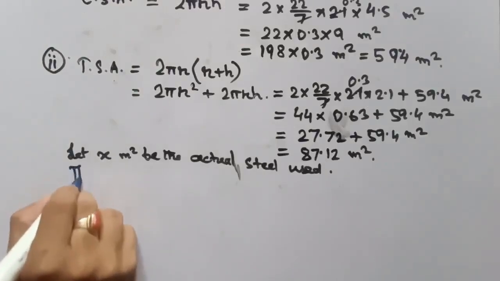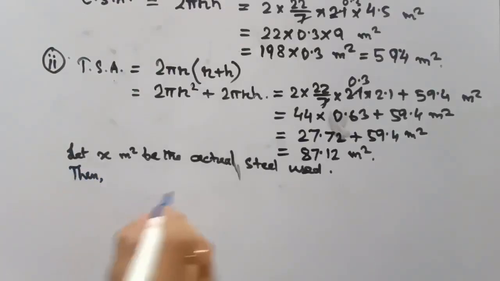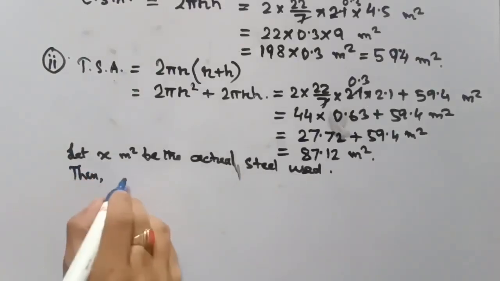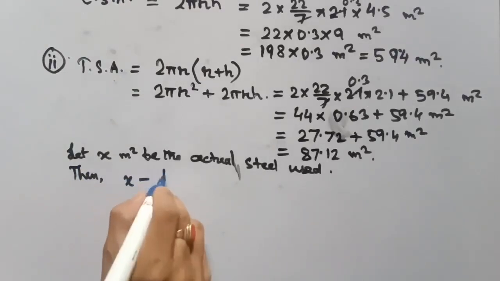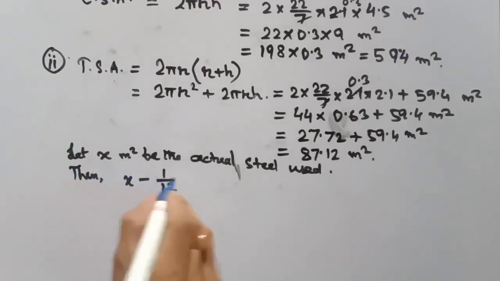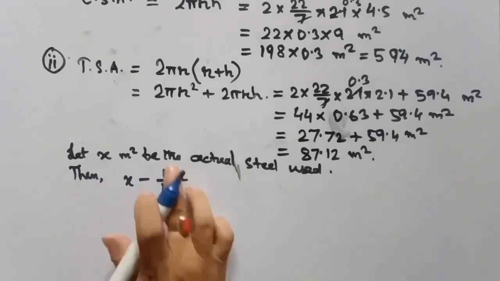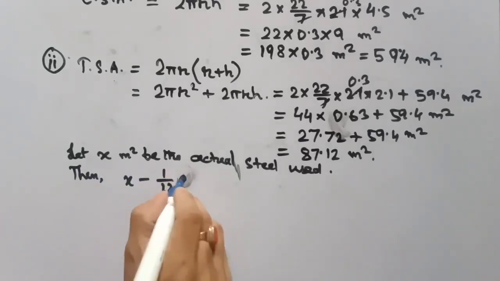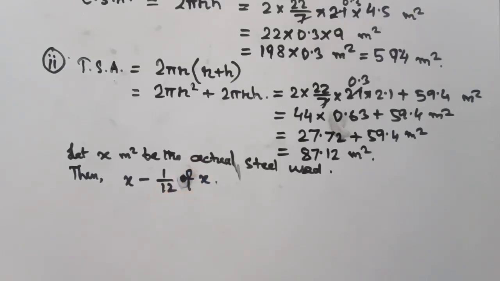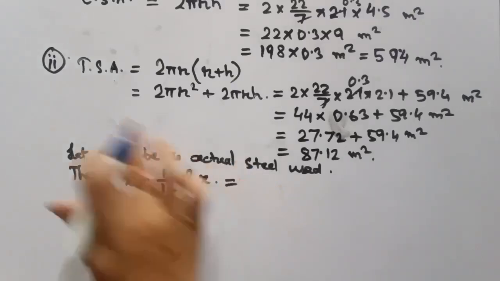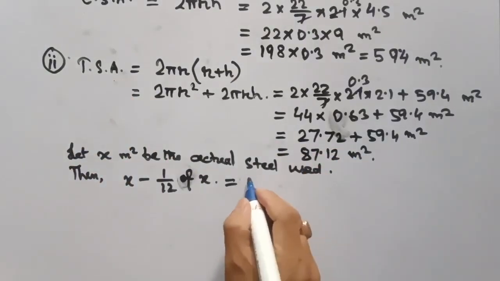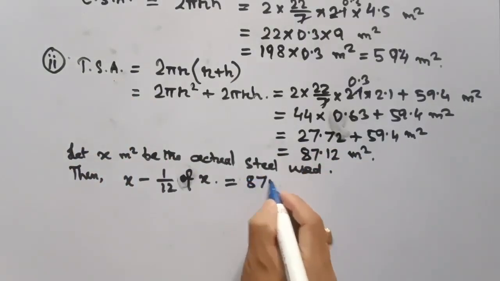Then by the question we have the actual steel used, that is x, minus 1/12 of the actual steel used, that is 1/12 of x, is equal to the total surface area of the storage tank, which is 87.12.